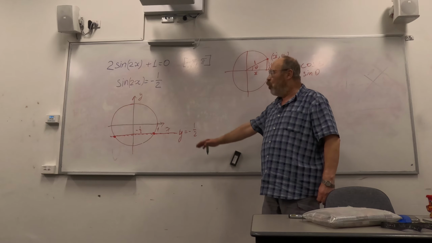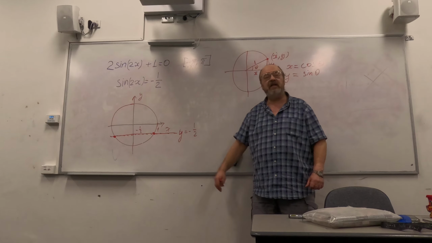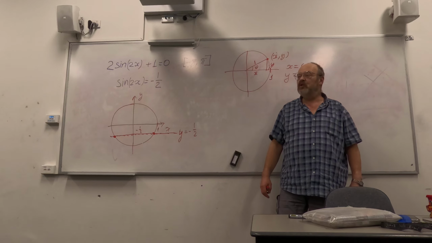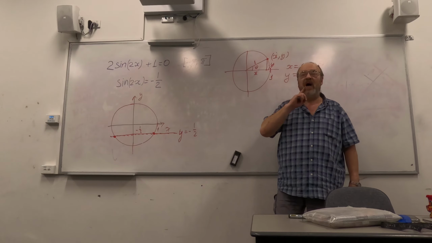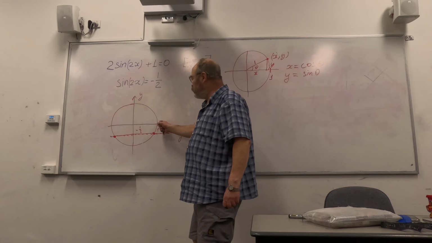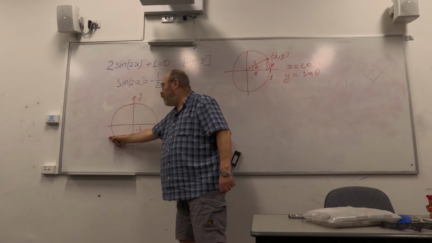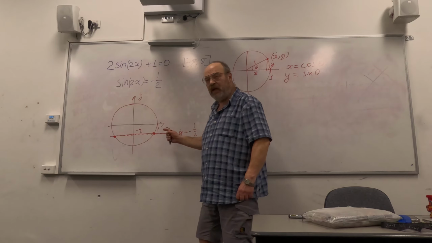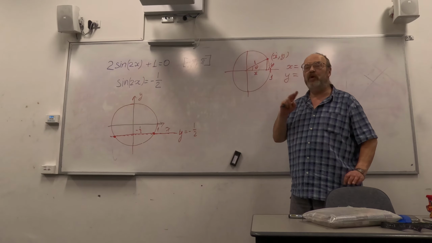So how many times does this line cross the unit circle? 2. So in one interval, from 0 to 2 pi, one revolution, we have 2 points of intersection.